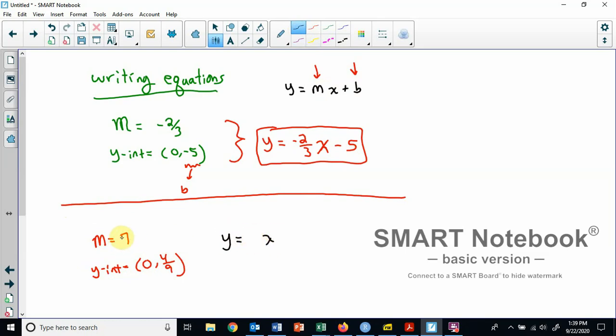What's the something? Slope is 7. And then plus b. Well, what's the b? 4/9. It's positive this time, so I'll go with plus 4/9. So you can write equations if you're given the y-intercept and the slope really easily. We're going to have to expand our abilities over the next few lessons when it comes to writing equations, but this is the starting point.